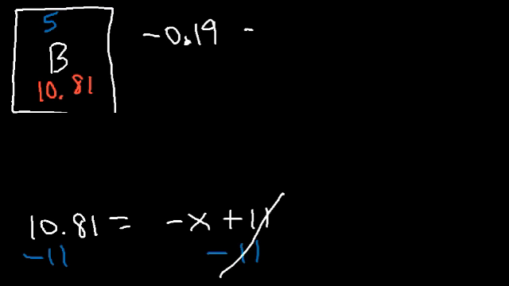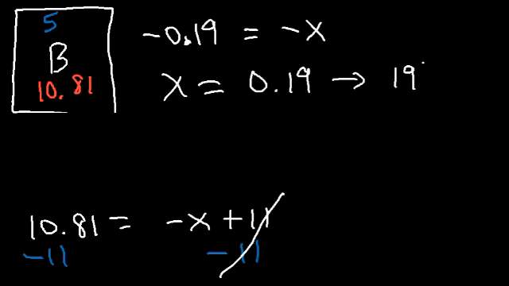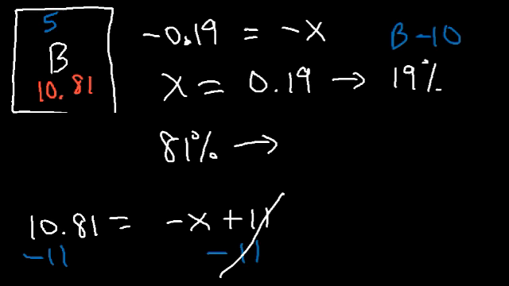Those two numbers cancel, so negative 0.19 is X. If you multiply both sides by negative 1, X is 0.19, which corresponds to 19%. Now, X was associated with the B10 isotope, so we have 19% of boron 10. 100 minus 19 is 81%, so that is the relative percent abundance of the other isotope, B11.